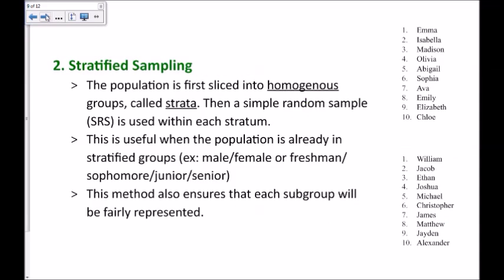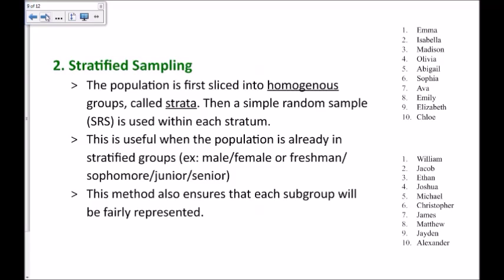The second is a stratified sample. Okay, the population is first sliced into homogeneous groups called strata. Within each group, they're all similar in some way. Then you do a simple random sample within each stratum. This is useful when the population is already in stratified groups, male, female, or freshman, sophomore, junior, senior. They're already somehow divided in a way that they are similar to each other.